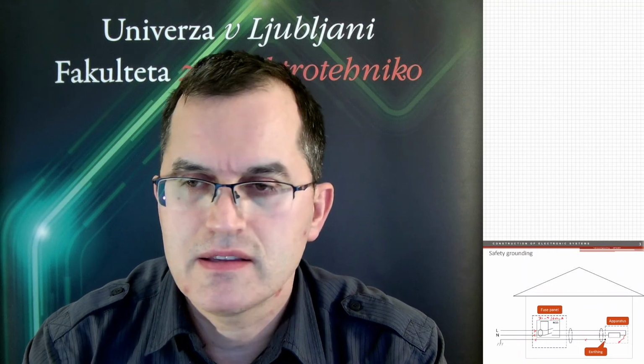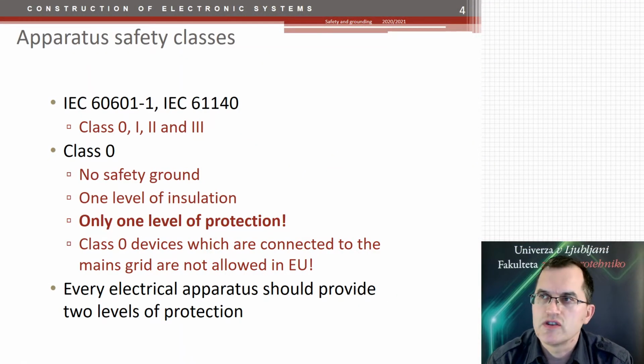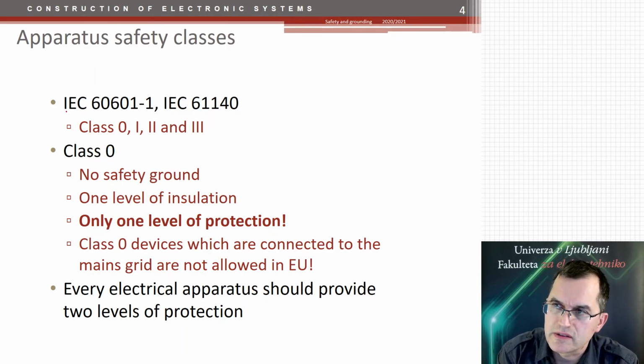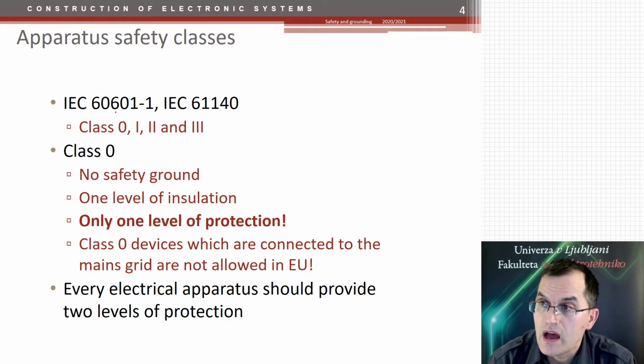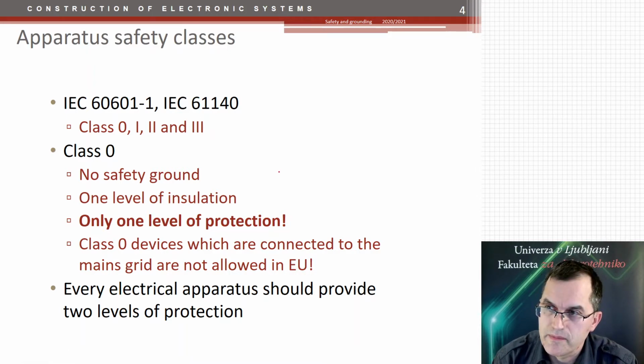Okay, let's go now into details here. These different safety classes which are defined by this low voltage directive are actually presented in this standard IEC 6061, and all apparatus are divided into 4 classes: class 0, class 1, 2, and 3. Class 0 has no safety ground, and that means that without safety ground and with only one level of insulation, it provides only one level of protection.